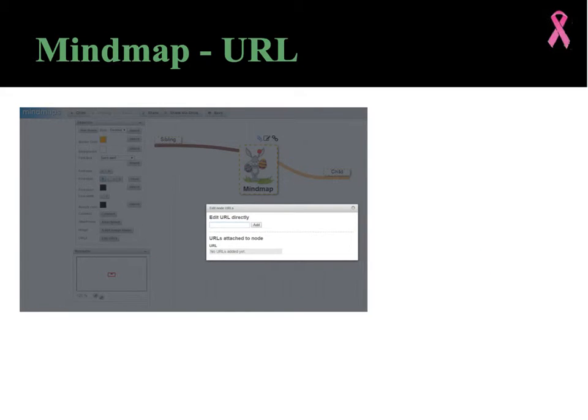So the last tool that we're going to cover is adding a URL. Simple concept, we're all familiar with URLs and what they provide. They link to important information that you want to share with someone. So in this case, we click on our URL. We can add it here. The simplest way is a right-click copy, Control-V to paste, and enter it into the box here, and then we click on Add, and it will appear here.